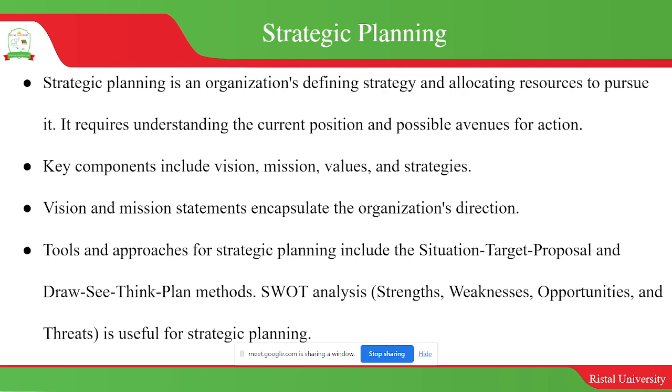But also you can use other techniques to be able to map out all this. Basically, you need to use tools that will help you to visualize the current situation of the organization, and then to see where you want to move the organization to. So you can use the SWOT analysis, you can use the situation target proposal, or you can use the draw, see, think, and then plan.